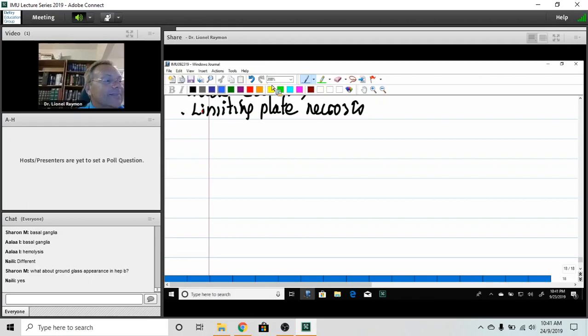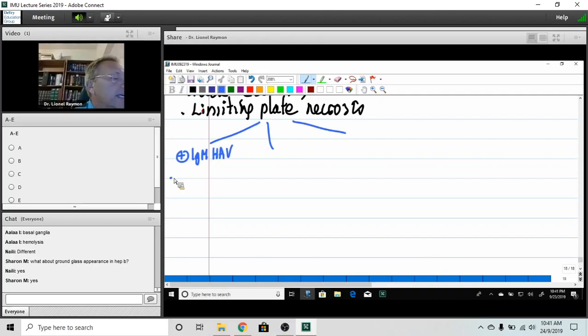Is that okay? So you need the serology, and you really have three big serologies to think of. For example, you see positive IgM for hepatitis A virus. Then, of course, you know hepatitis A is a picornavirus. Picornaviridae, they're positive single-stranded RNA viruses, but they are naked.